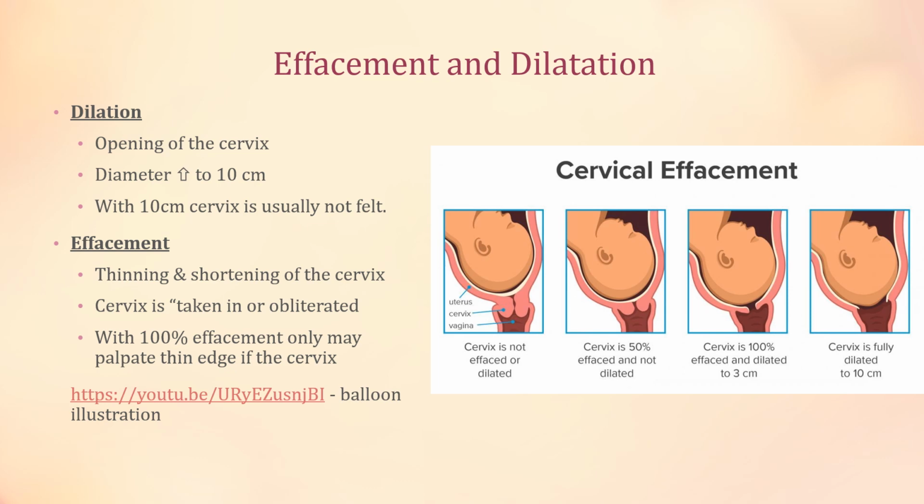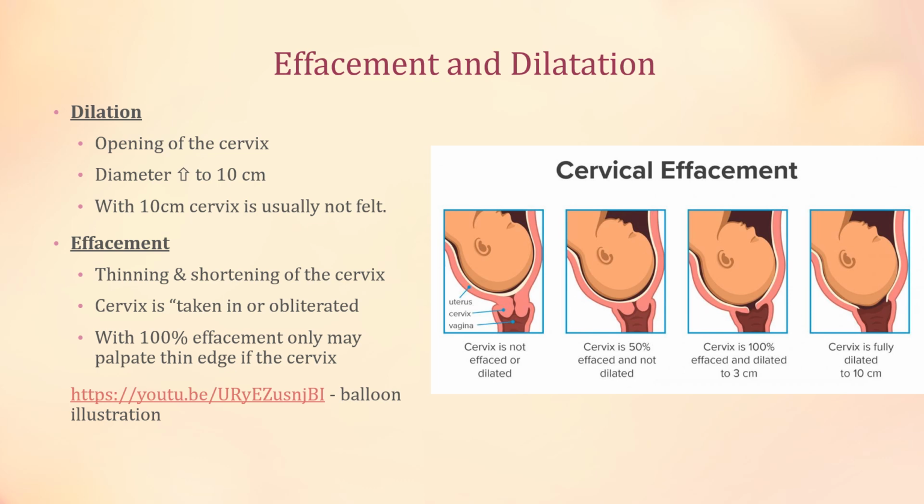Effacement refers to the thinning of the cervix. So if at its full thickness it might be 3 to 4 centimeters thick, then at about 50% effaced, it might be closer to 2 centimeters, and so on and so forth. So that is a percentage of thinning.